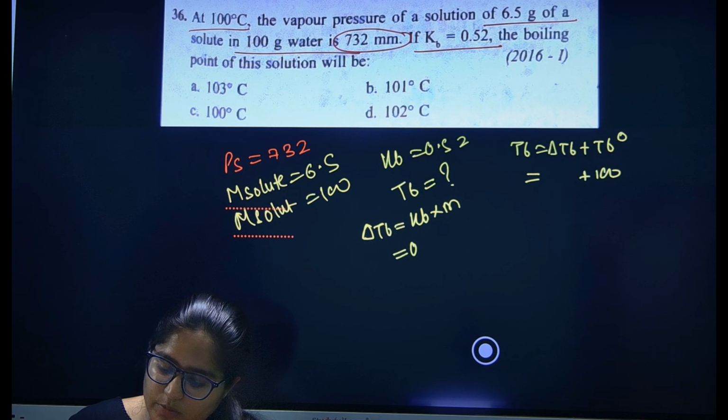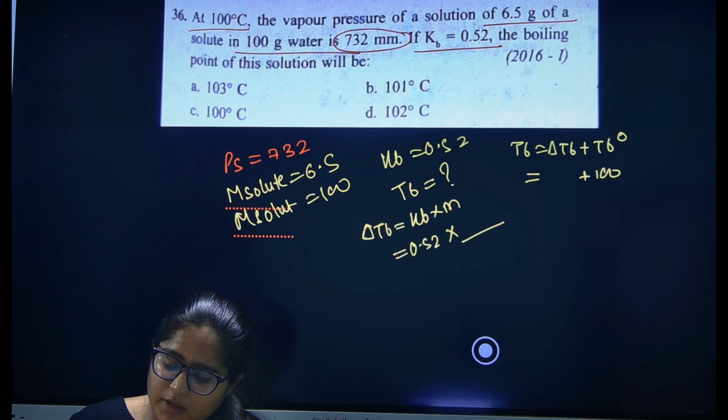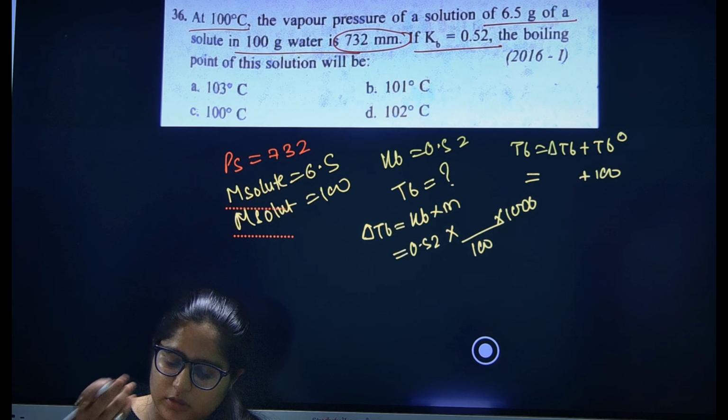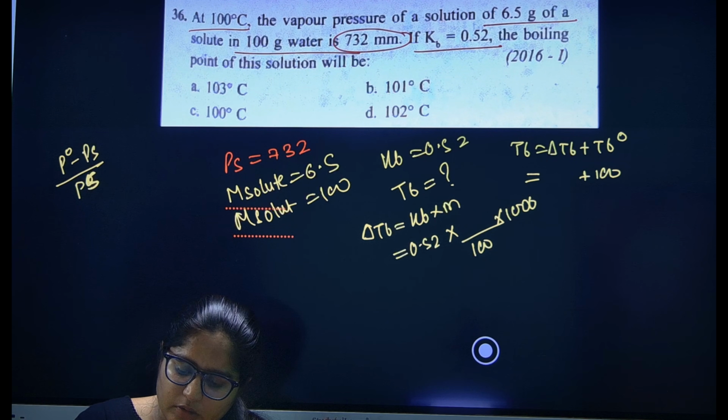Kb is given 0.52. Molality means we need mole. So we write kilo mass, we know 100 gram, so 100 by 1000. This is the missing mole, so we'll find out mole using the pressure concept. We know P naught minus Ps by P naught, and we will use the trick Na by Nb. P naught is how much?